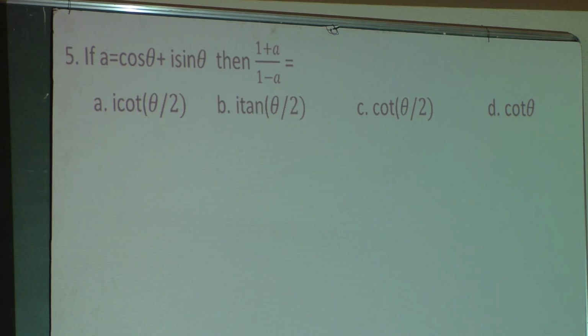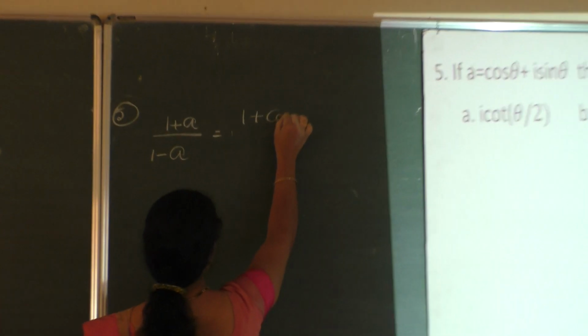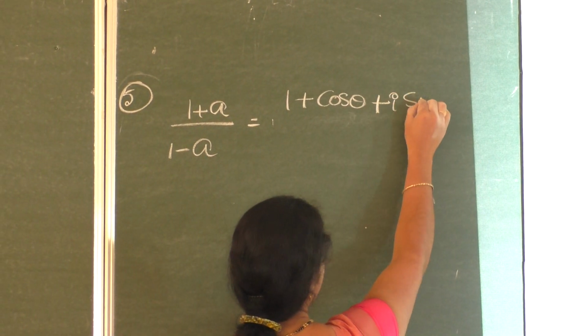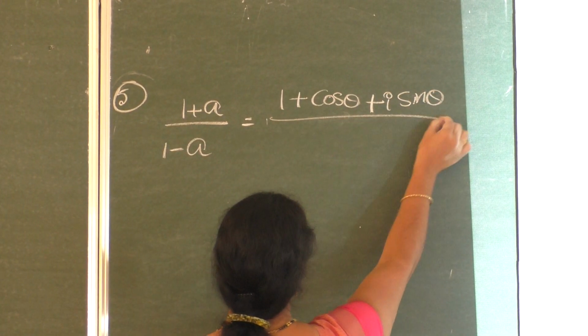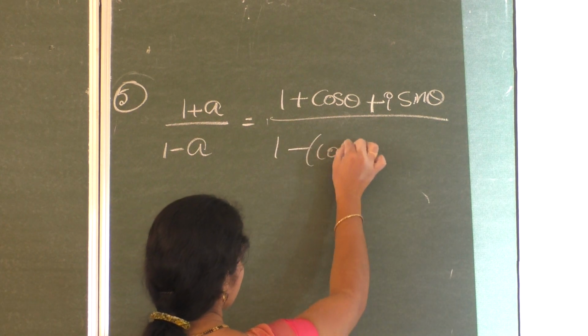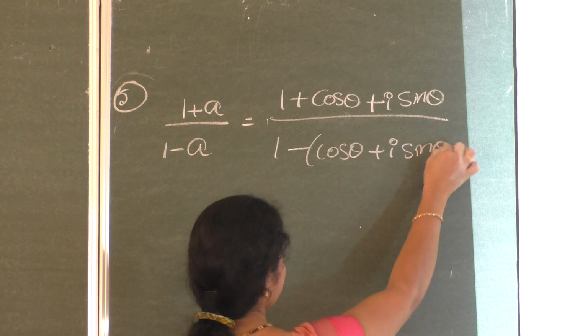Let us substitute A. A is given there. 1 plus cos theta plus I sin theta divided by 1 minus cos theta plus I sin theta.